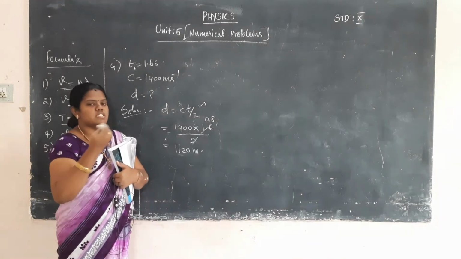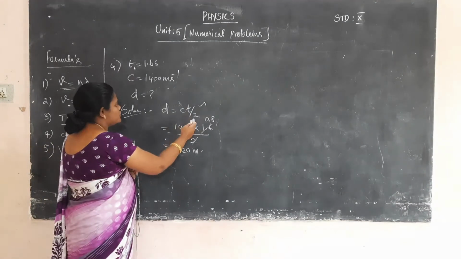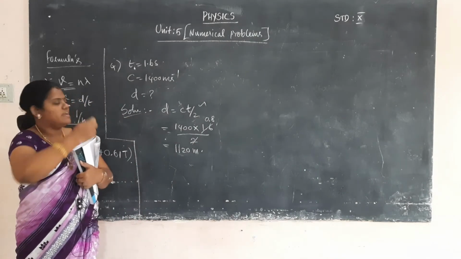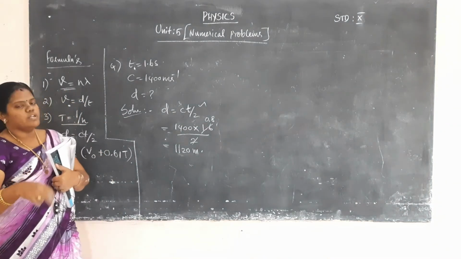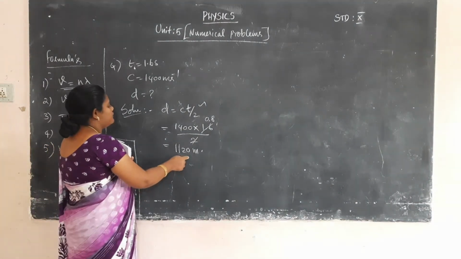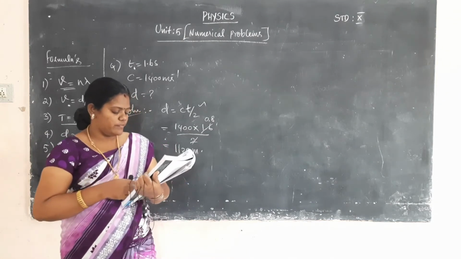So transmission and reception take 2 times, so the time is taken as half, so CT by 2. Substitute the C value, T value, and we easily find the D value. D value is the depth of the sea, that value is 1120 meter. Clear? And then go for the 5th problem.